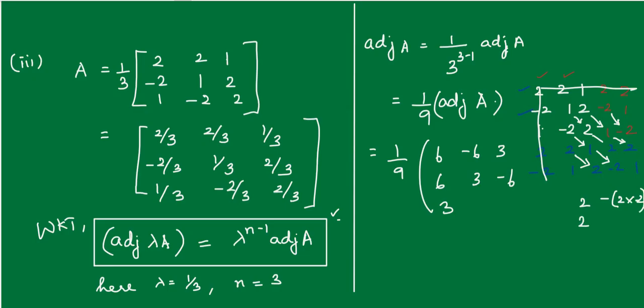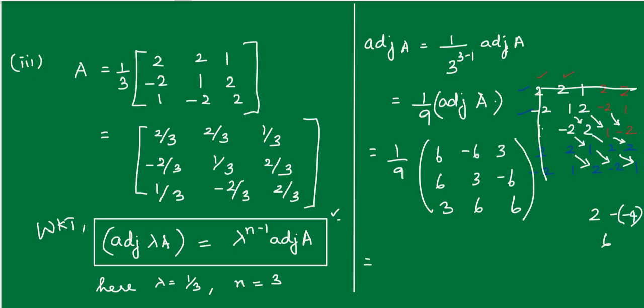So 2 minus of minus 4 gives us plus 4, which is 6. Next, 2 into 1 is equal to 2 minus of minus 2 into 2 gives us minus 4. So we get 6. So this is the adjoint of A.